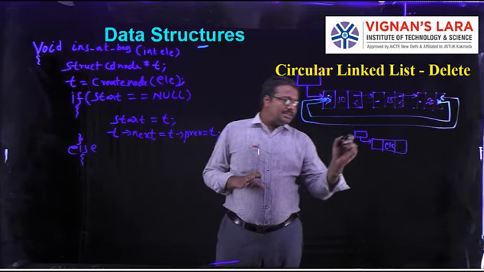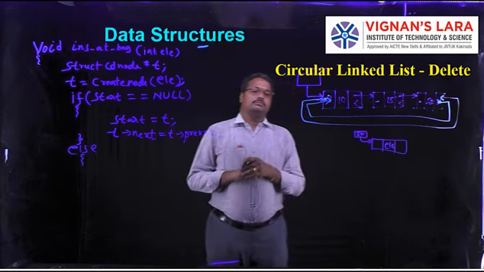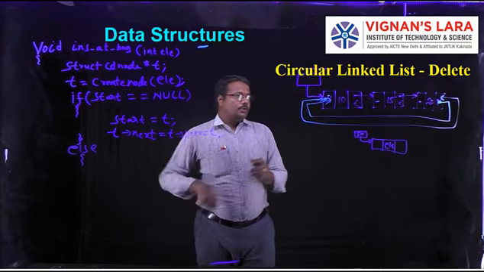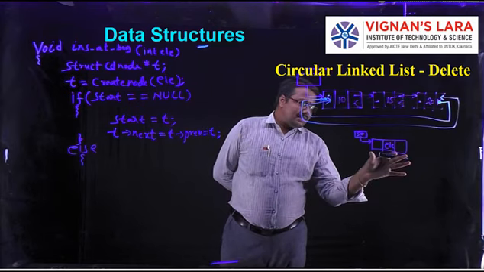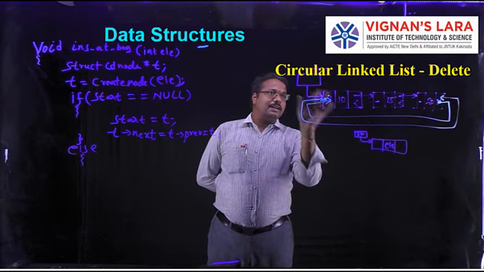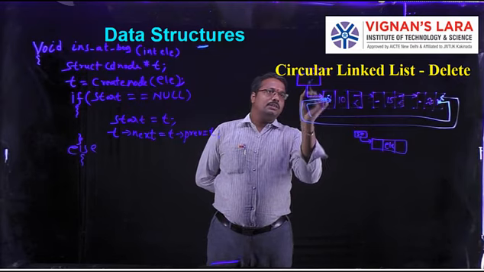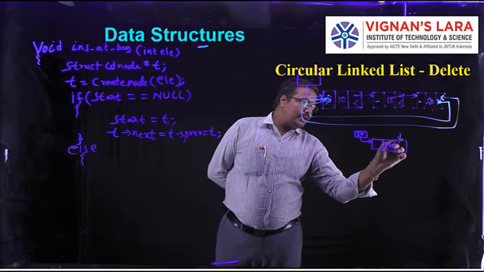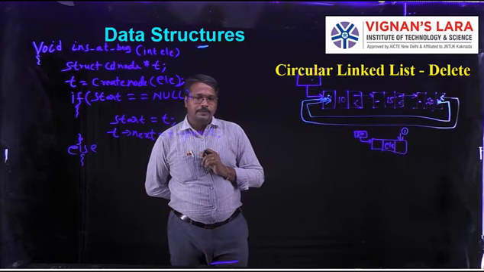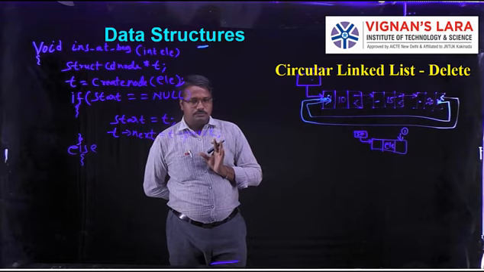For example, this node address may be 50. So presently this node is the first node, and the first node's next field consists of the starting node. So this node address is copied into here. That is the first operation.